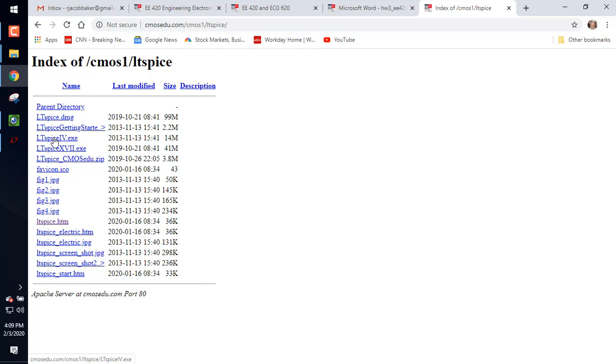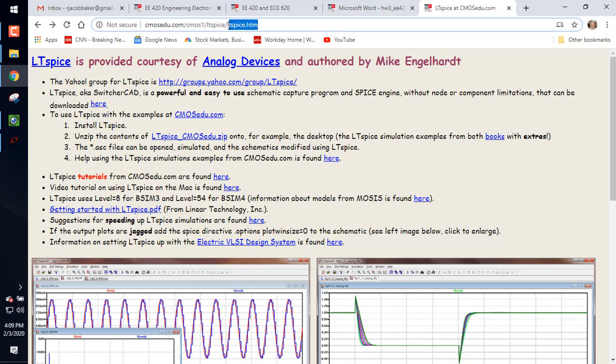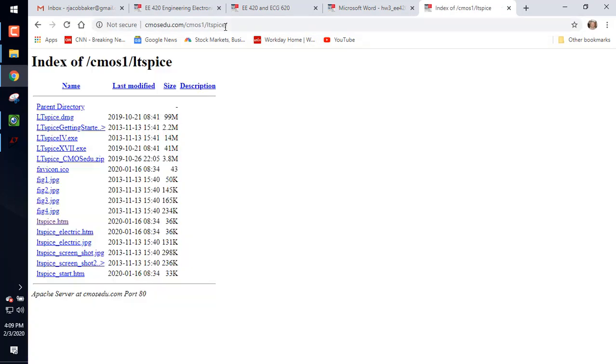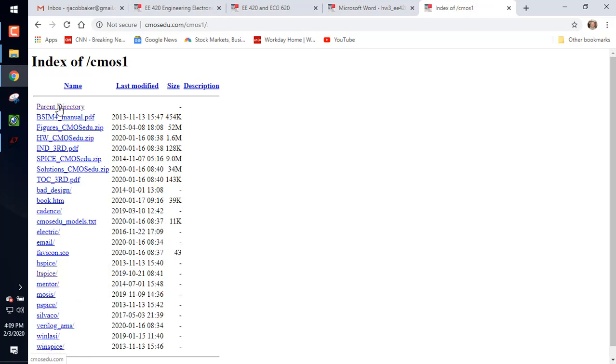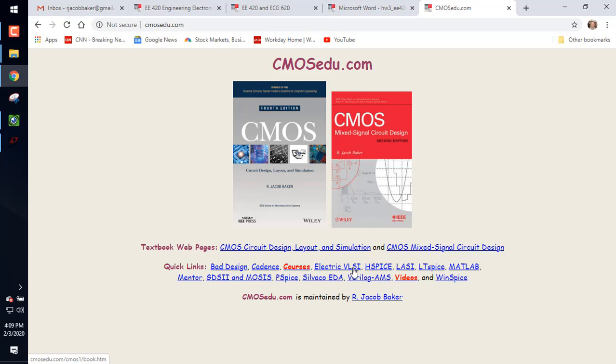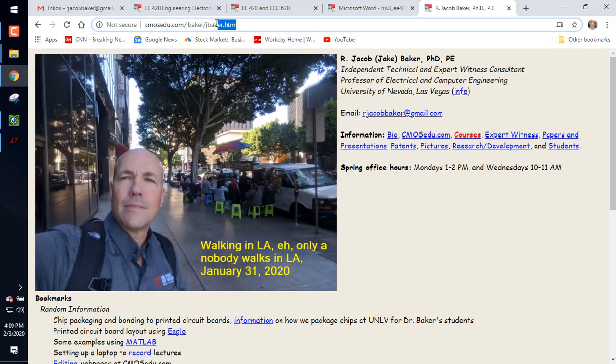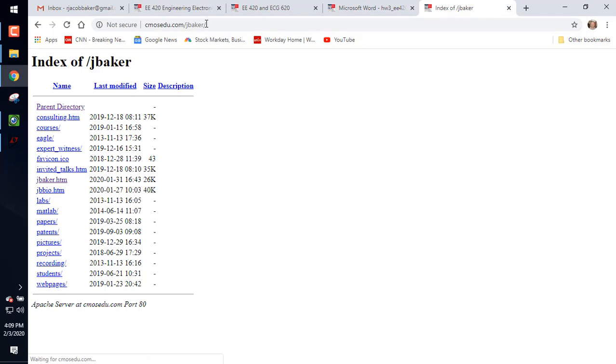So just so you know, if you want to download and run LTspice 4, you can. Just delete the HTM to get the directory listing, and there you go. All right, you can find out all of the secrets.